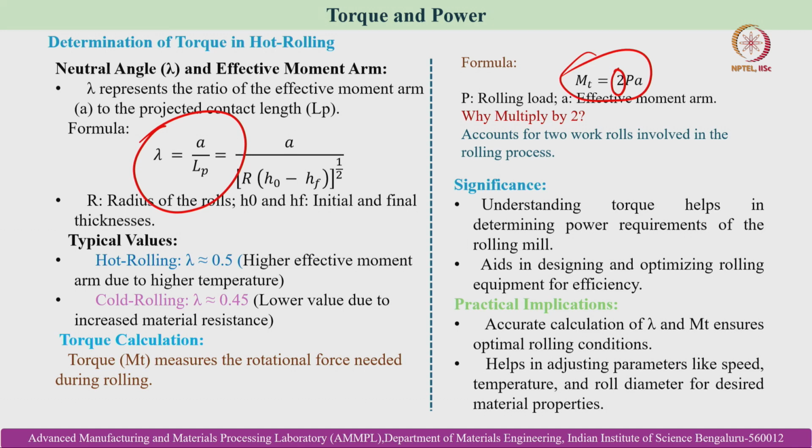It also aids in designing and optimizing rolling equipment for efficiency. And the practical implications? Accurate calculation of delta, the neutral angle, and the rolling torque, the MT, ensures optimal rolling conditions, and it also helps in adjusting parameters like speed, temperature and roll diameter for desired material properties.